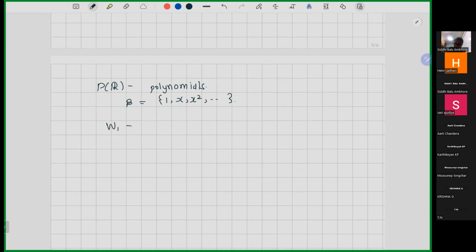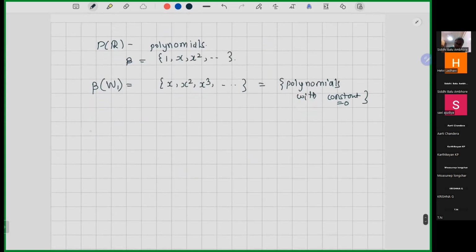Then we can take this W1, which is generated by these elements, x square, x cube. I mean, this is polynomials with coefficients or with constant equal to 0.